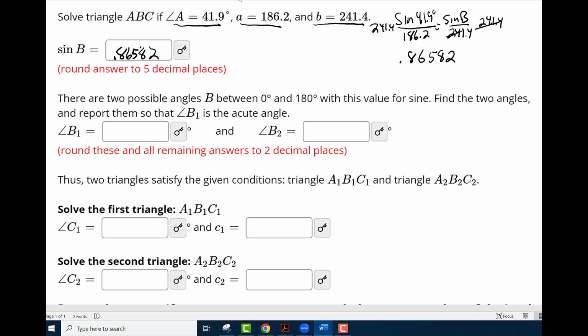But what we have to consider when we find angle B is what we call the ambiguous case.